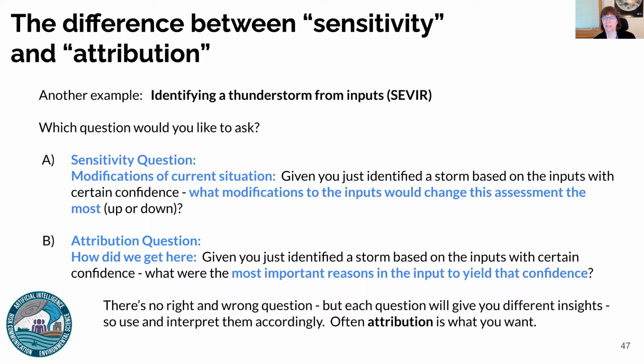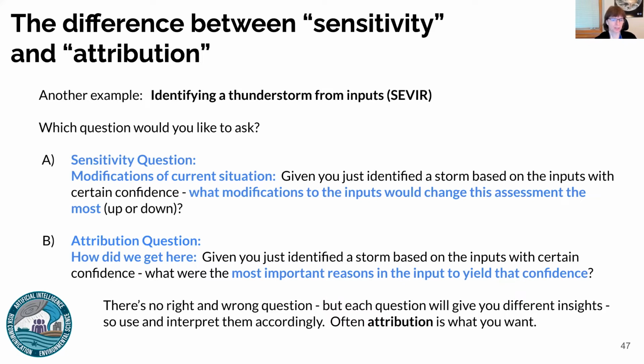Given you just identified a storm based on the inputs with certain confidence, what modification to the inputs would change this assessment the most? So let's say in the up way, given the current inputs, which pixels and which channels would you have to change the most in order to get the biggest return on bringing the confidence further up? That's a sensitivity question.